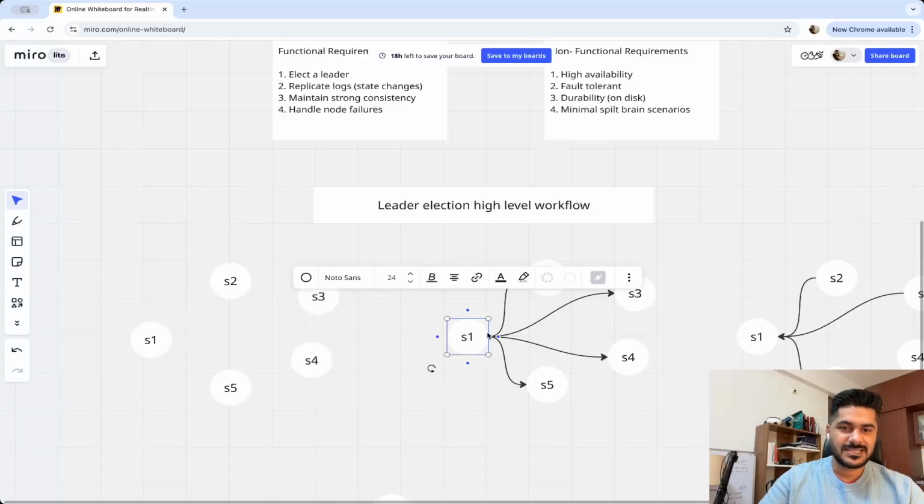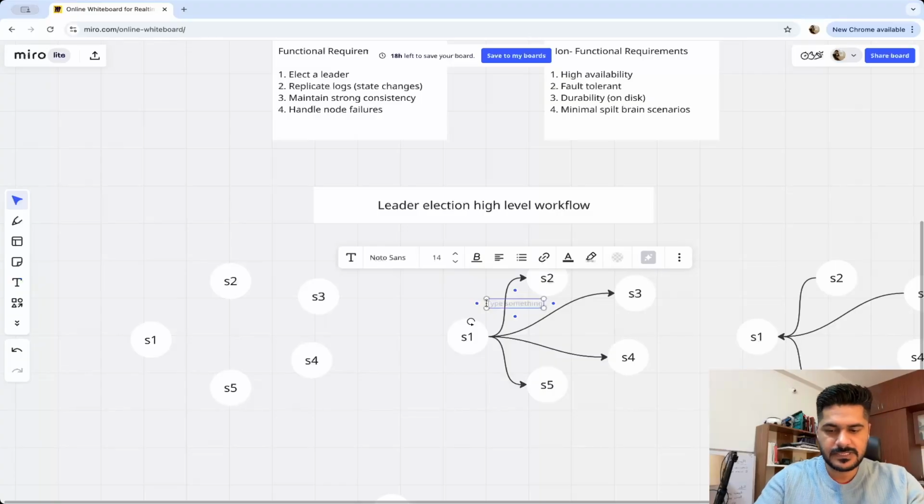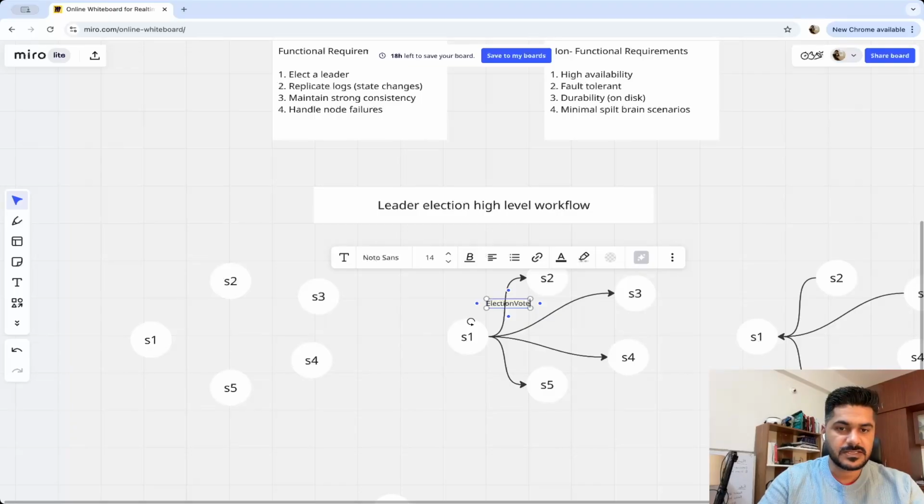What it does is send a request to all the known nodes, asking for an election vote, basically "give me your vote." Normally this runs on RPC. That means you are connected to all the systems and use a remote procedure call to execute it.